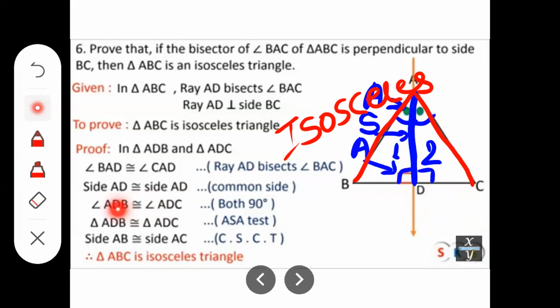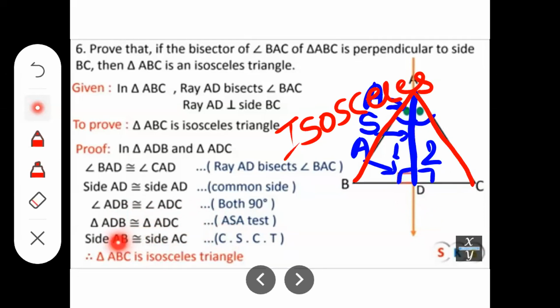Now the next, what was it? Recall the explanation that both are 90-degree angles at D, these two angles, this D and this D. And by ASA test, both the triangles are congruent to each other.